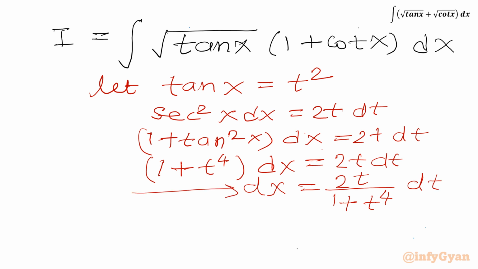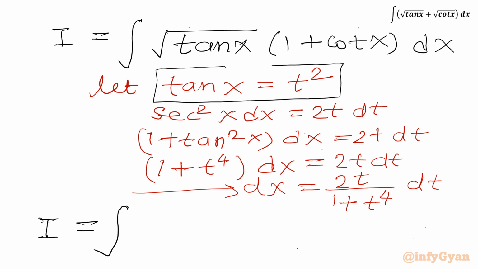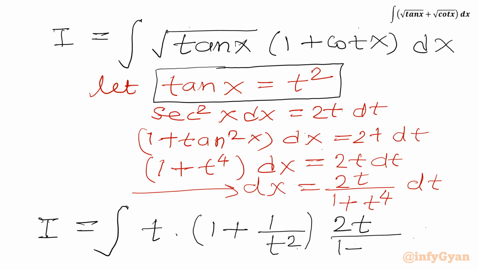This substitution we can apply in place of dx. So let us write I. I will be this integration square root. I will write tan x is equal to t square. So root tan x will be t, only t, times 1 plus cot x. So I will be writing 1 over tan x, 1 over t square, and dx I will write 2t over 1 plus t power 4.